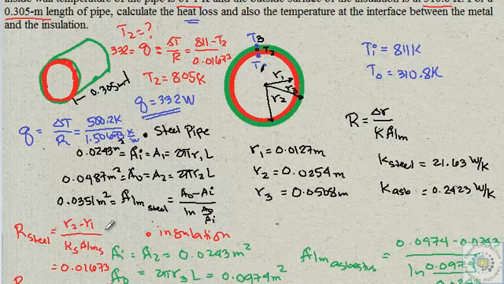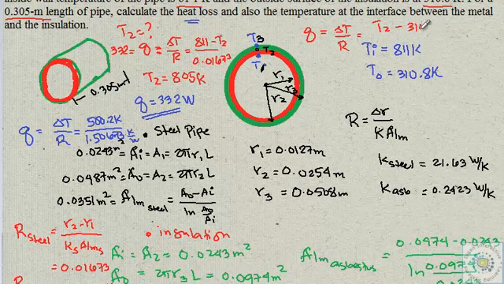Now, another approach in solving for T2 is to focus on the green one, the insulation. In this case, Q is still the same, because the Q that flows through the green is the same Q, since they are in series. Now, T2, which is what you're looking for, will have a higher temperature than T3, the surrounding surface temperature, which is 310.8.